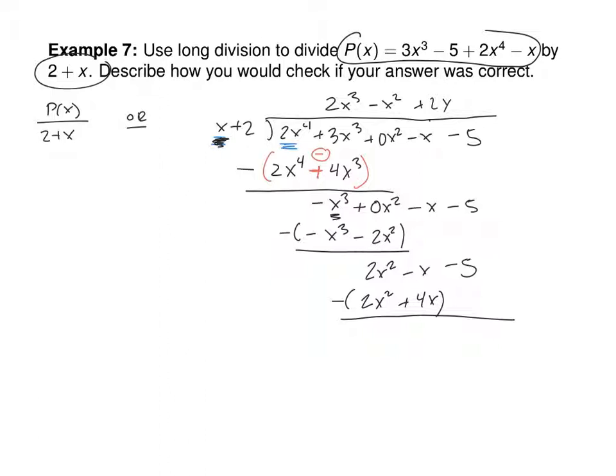Okay, what's negative x minus 4x going to be? We're almost done. What do you multiply x by to make it match negative 5x? Minus 5. So minus 5x minus 10. Take away. What's your remainder? Plus 5.